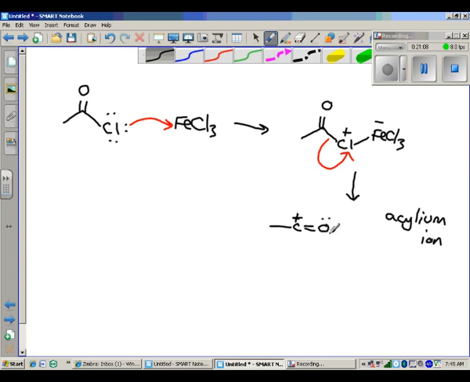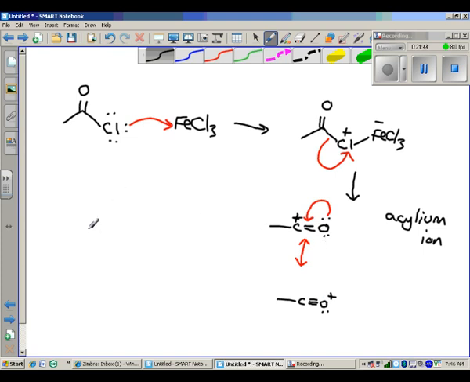But the one thing that we have here is we have an oxygen next to it that has a pair of electrons that they can funnel into here, into this double bond, make it a triple bond. And so what we end up with is this. That's a triple bond right there with a plus charge on the oxygen. The important thing is here we have resonance stabilization. So the acylium ion, although it doesn't look stable, it's actually more stable than you would expect because of the fact there's resonance stabilization here.